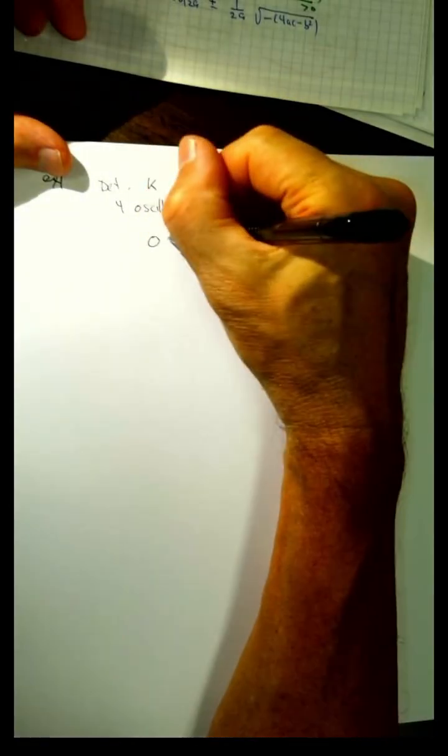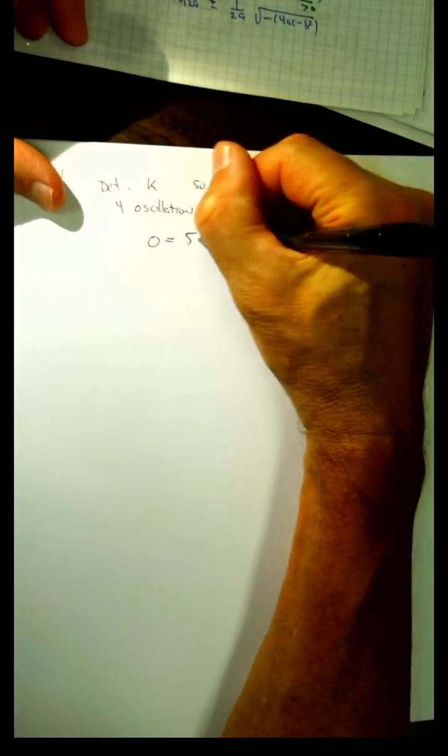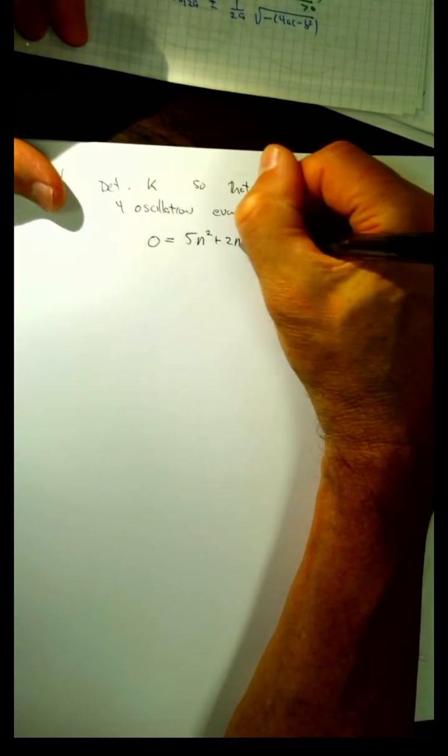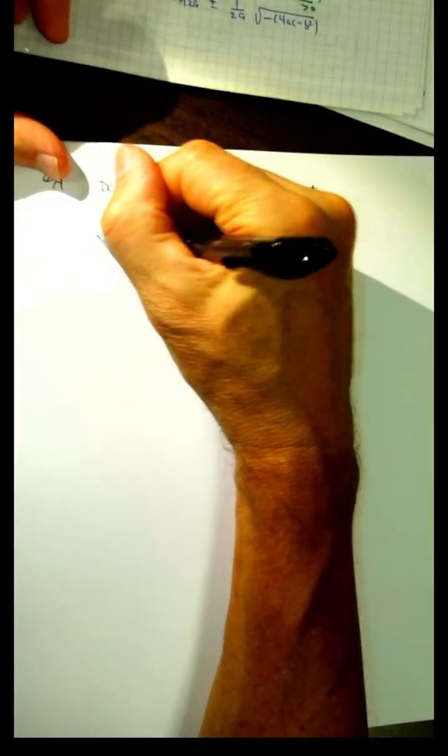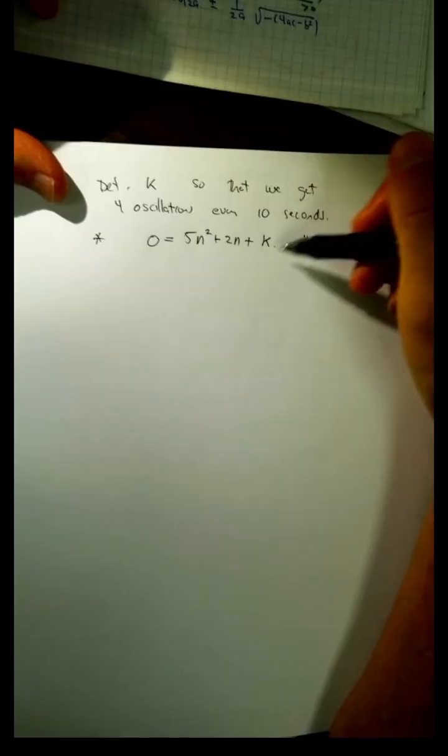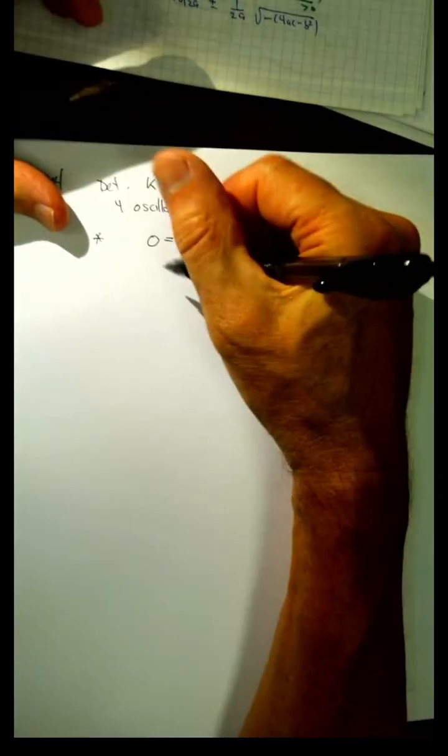And we're going to assume that 0 equals 5n squared plus 2n plus k. In the future, you're going to have to be able to figure out this on your own. But for now, I'm trying to give you an idea of what you're going to be working with, and this is just one part of a bigger problem.